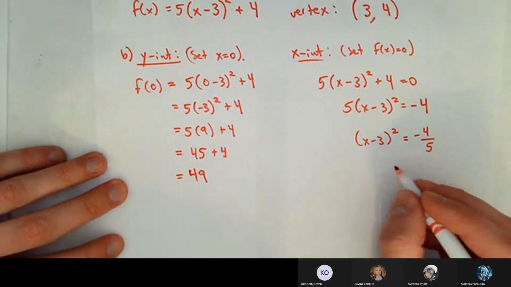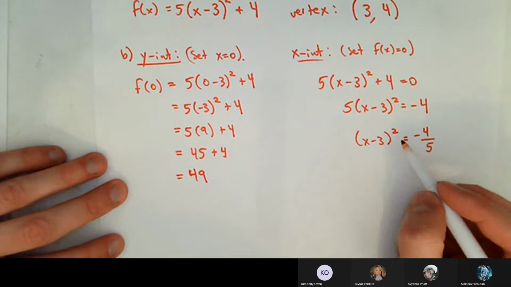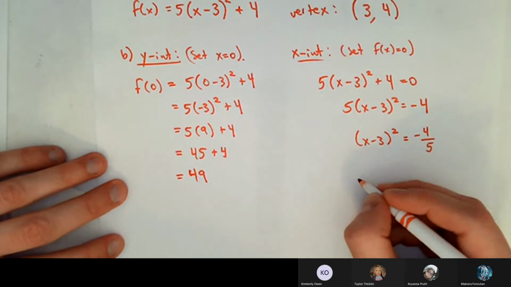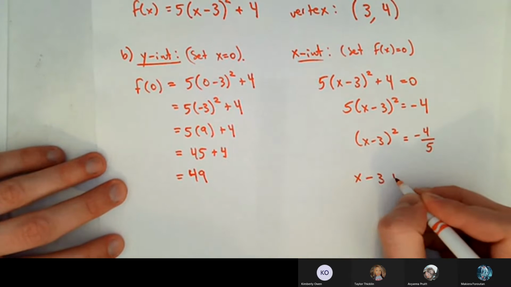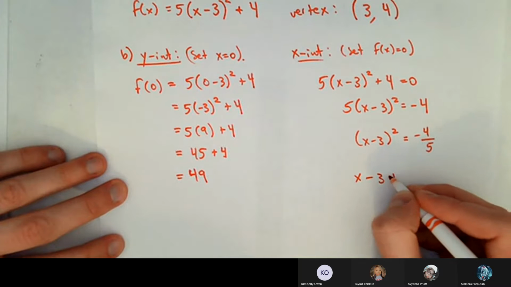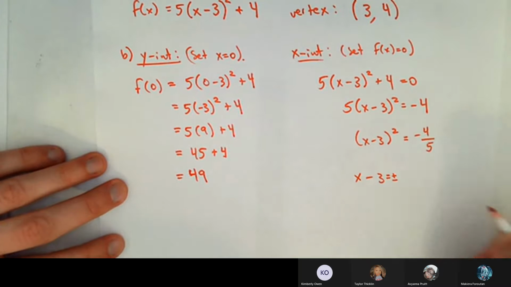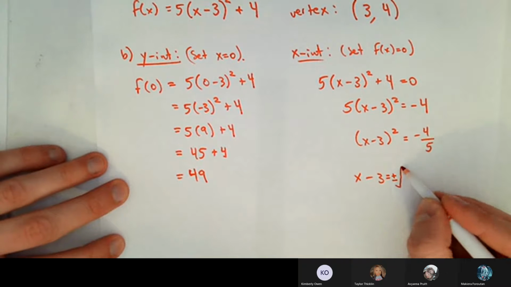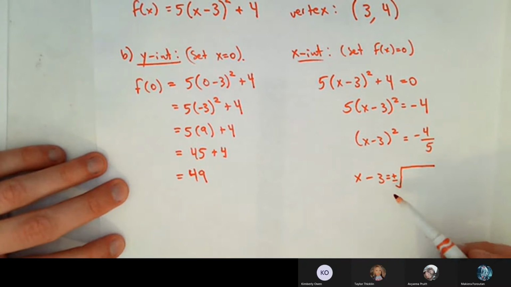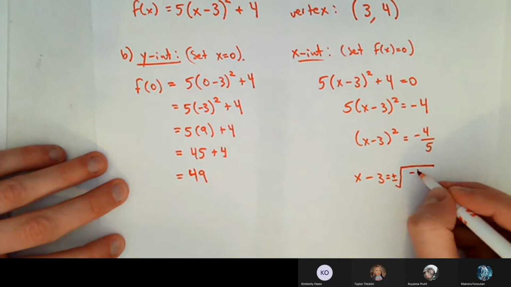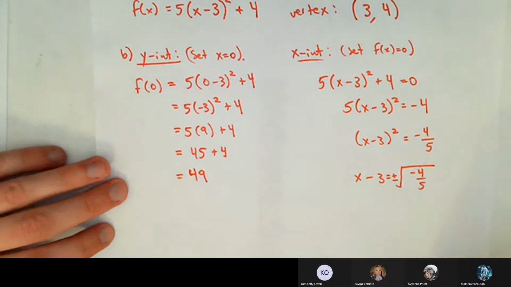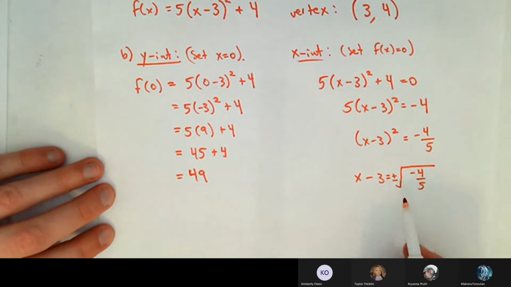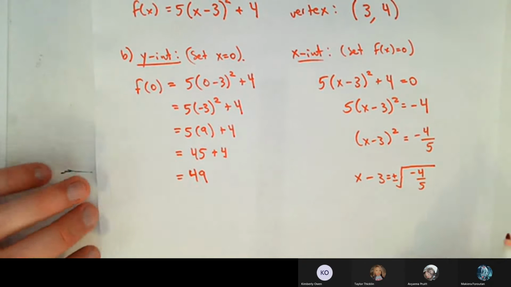Now I'm still trying to unpack x, right? And the next thing to get rid of is this squared term outside. So I'm going to take a square root on both sides. And remember that when you take a square root in an equation like this, you've got to introduce that plus or minus symbol. So that's x minus 3 equals plus or minus square root of -4/5.